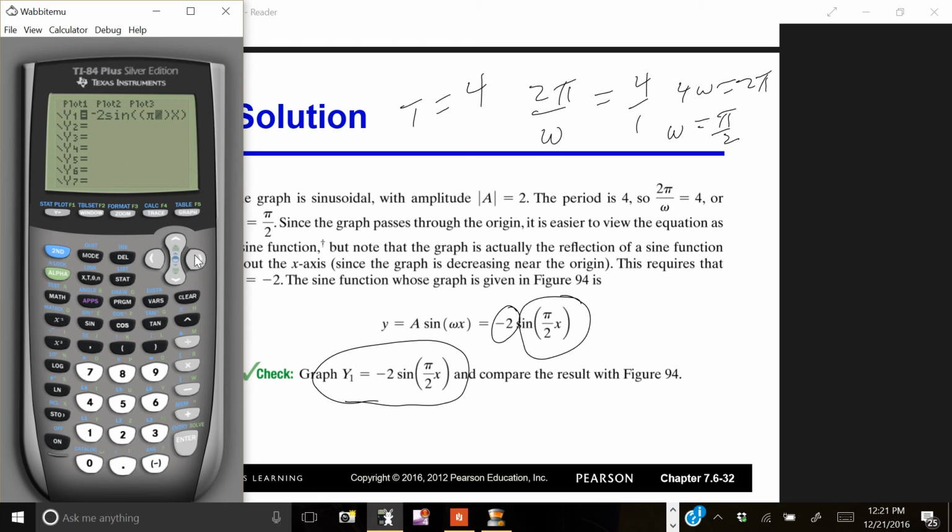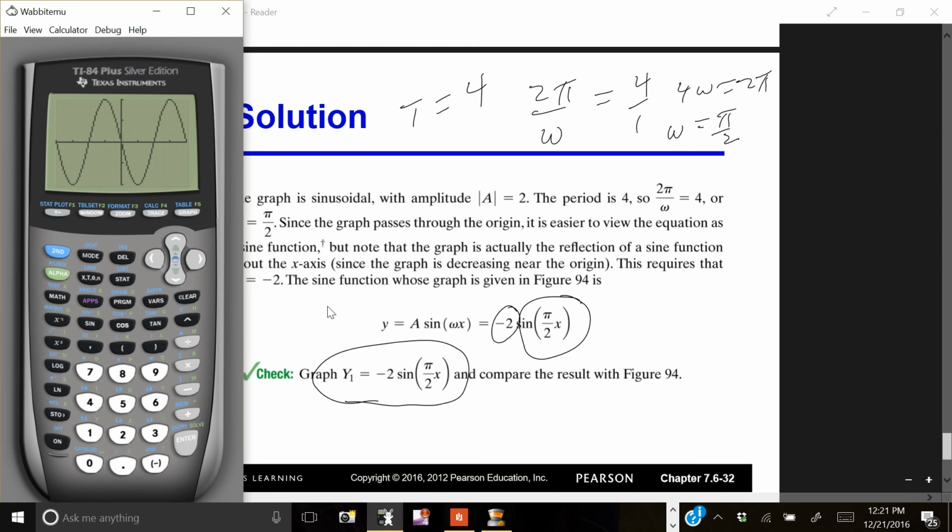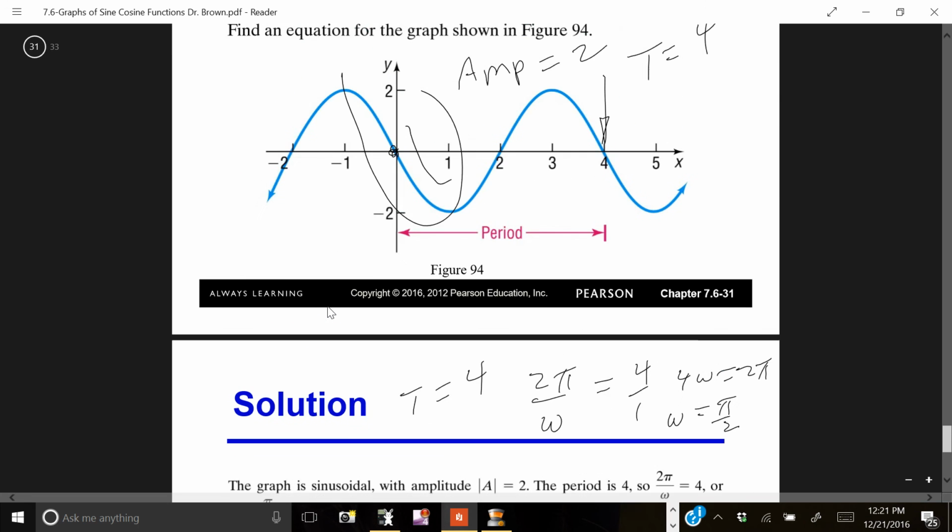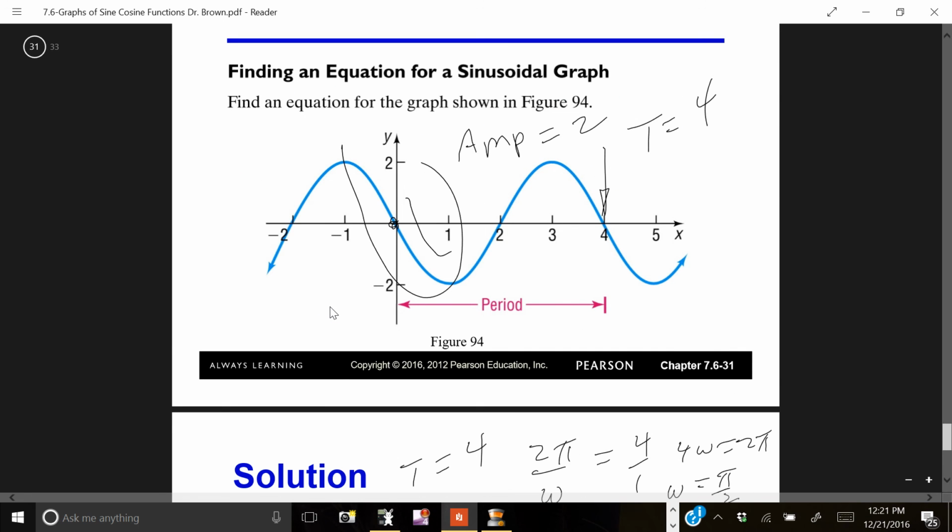Somehow the 2 did not get in here. Pi over 2, close parentheses, times x, close parentheses. Now we should see it. So there's a function. It's a negative sine function, and it looks exactly like this.